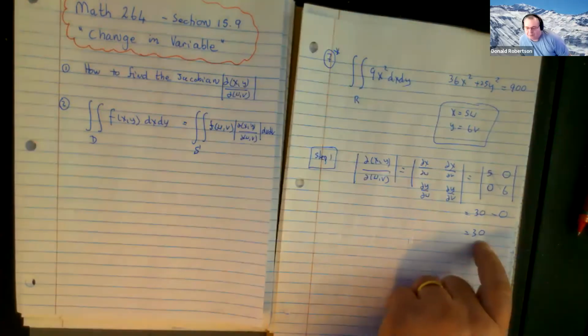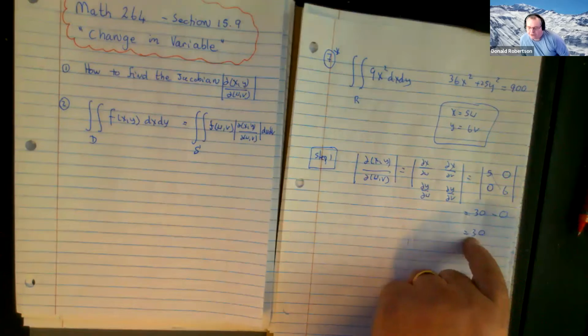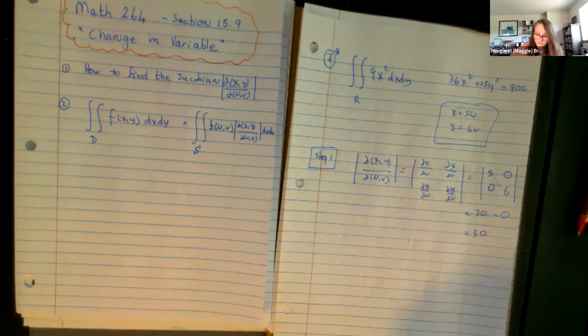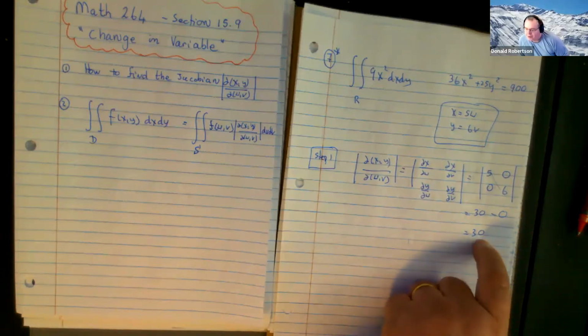Okay, that didn't happen here, but it can happen. Suppose that answer was negative 30. What is the Jacobian equal to? 30. So remember, the Jacobian should always be positive when this is a number.